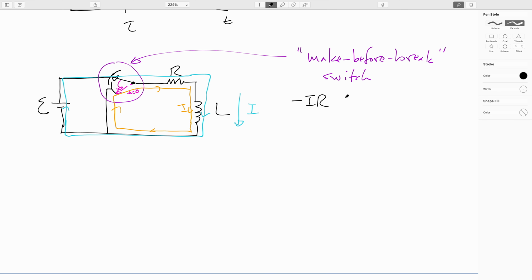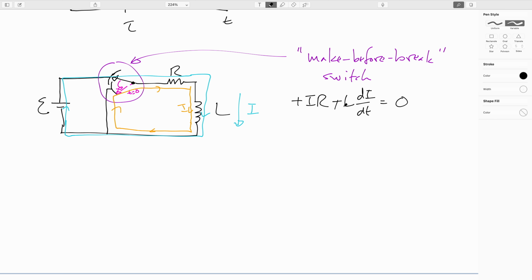Then we'll be going through the inductor in the direction of the assigned current, so it'll be minus L dI/dt, and then that equals 0. We can just multiply this through by -1 to make the minus sign go away.